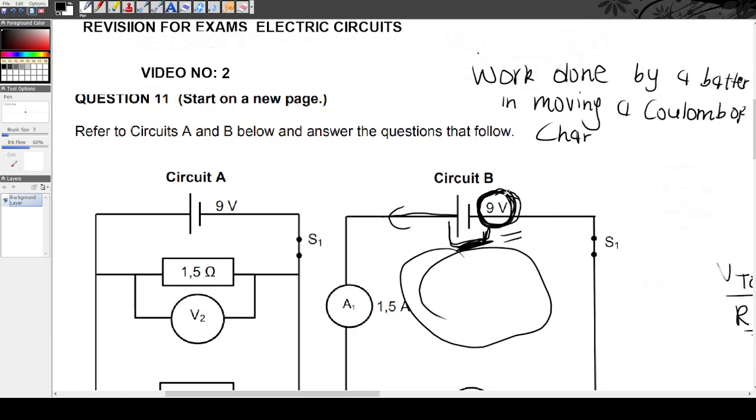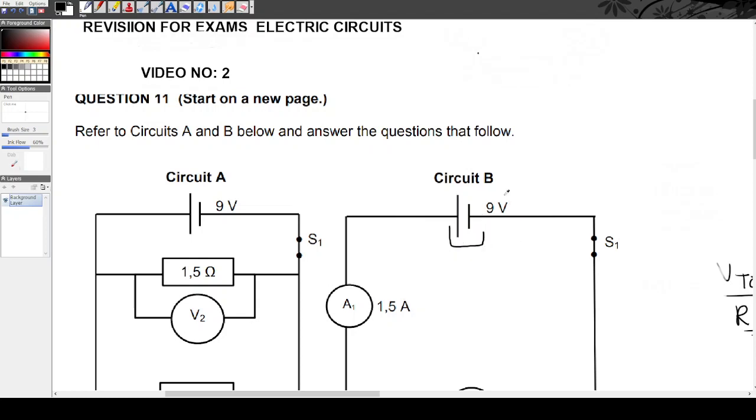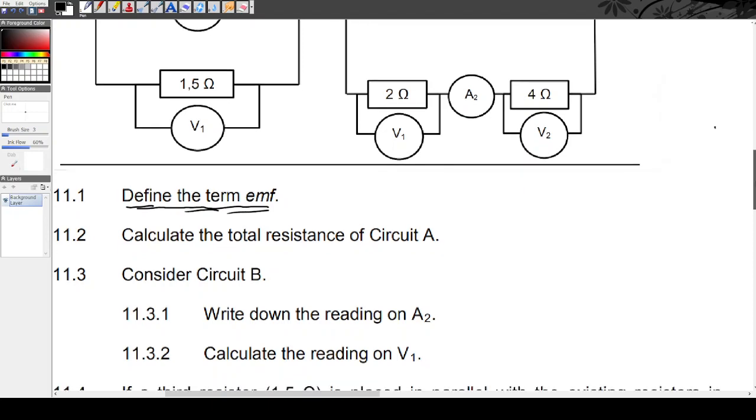Okay, let's clear this up. Let's see. So we know EMF is the maximum amount of voltage that the battery or a cell can supply to the circuit, or is the work done by a battery or a cell in moving a charge around a circuit.